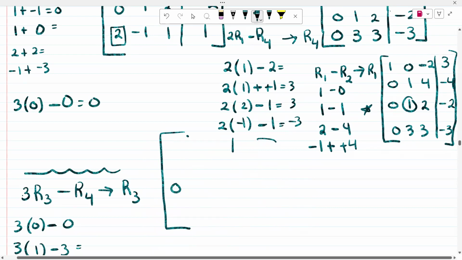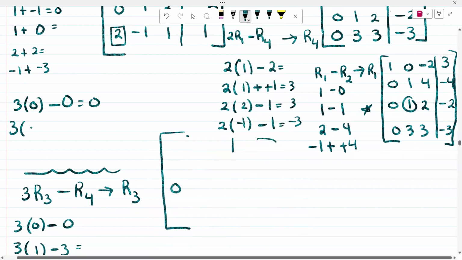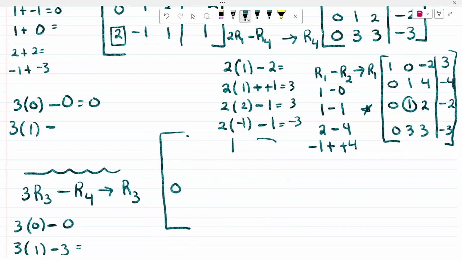Okay, keep on going. So the second number in row three is 1, minus the second number in row four, which is 3.